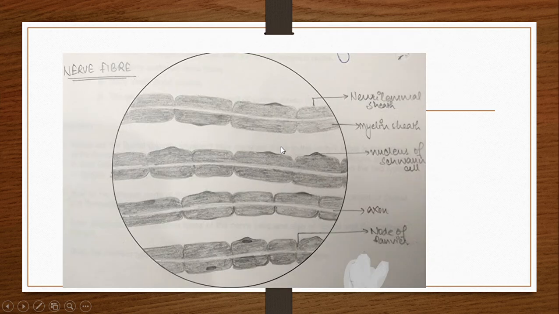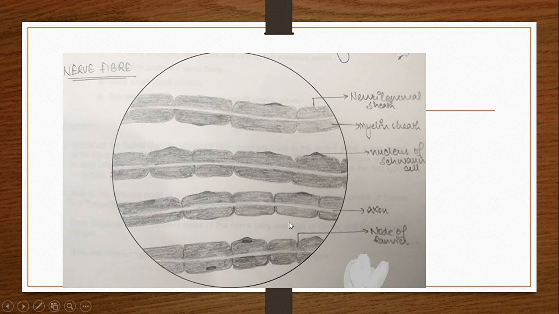This is how we can see it under the microscope. We are not seeing the cut section. Under the microscope we can see it like this. The nerve cells with myelinated nerve fibers can be seen. Then nuclei of Schwann cells we can represent by blue dots.